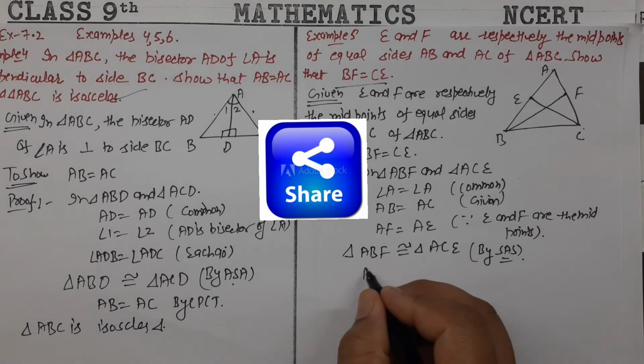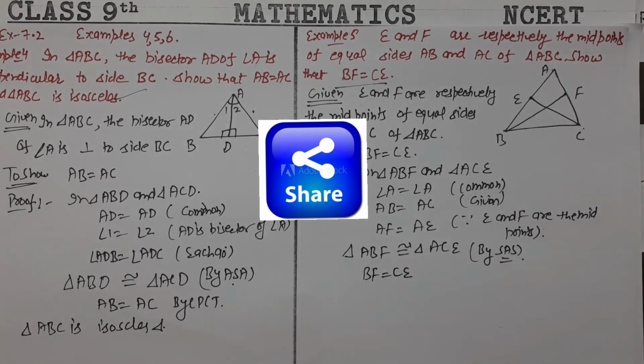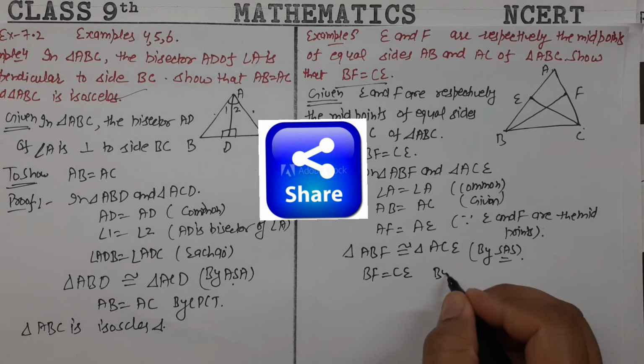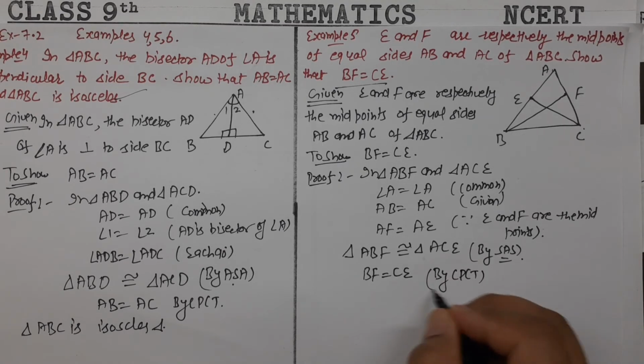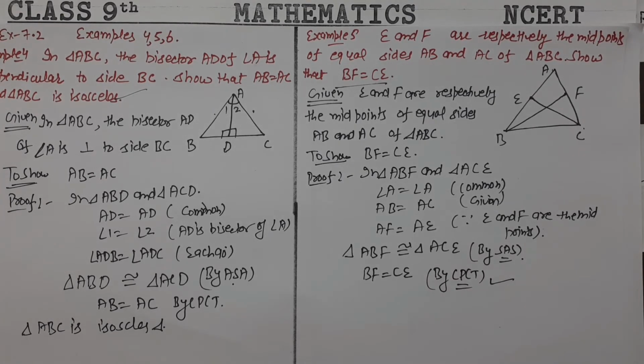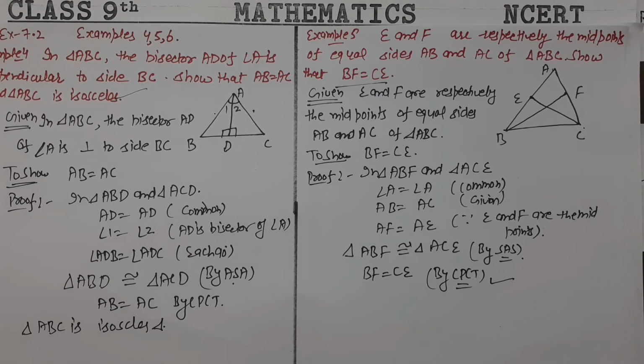So BF equals CE by CPCT, corresponding parts of congruent triangles.